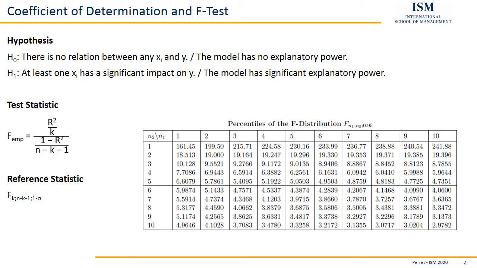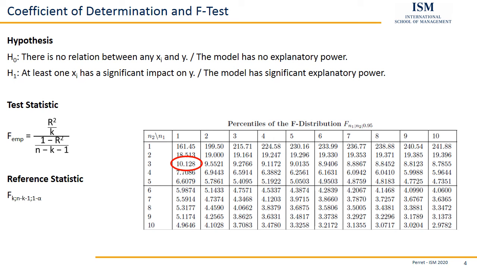And we have the second value, the n minus k minus 1, which we have to look up in the corresponding row. So here in this situation, for example, where k is 1, so we have one independent variable, and we have 5 observations, so n is 5 minus 1 minus 1 gives us a second degree of freedom of 3.